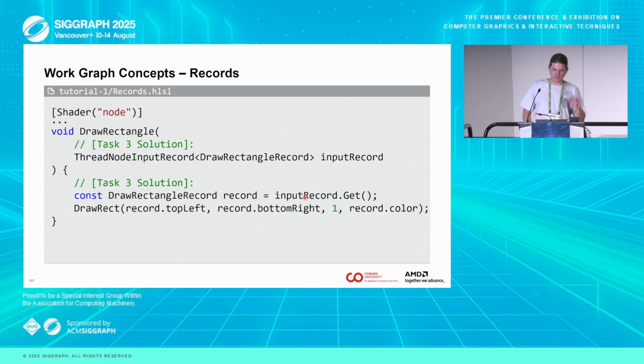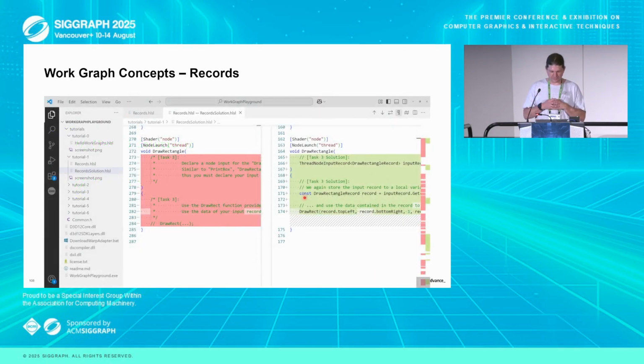So if you want to do this at home or you want to walk along with me, you're invited to do this. But if this goes a little bit too fast for you, we have something for you. In fact, we're having here in the tutorials, starting from 1, we have the records.hlsl here, where you would type in your attempts of solving the problem. And there's also the assignment descriptions here.